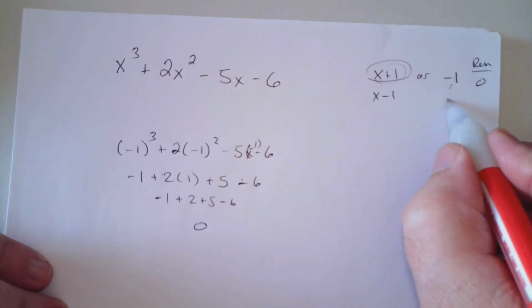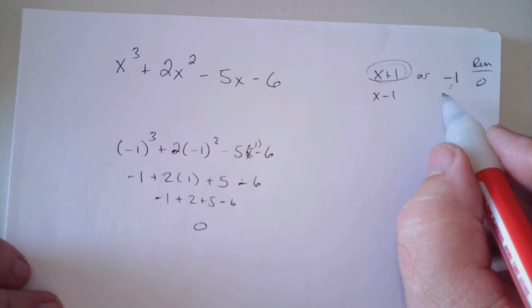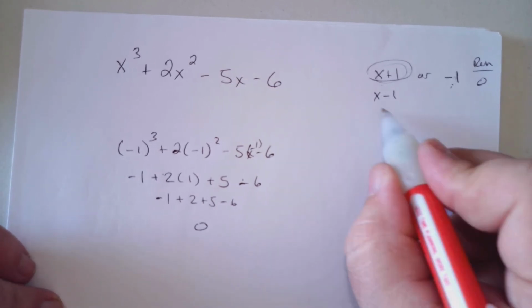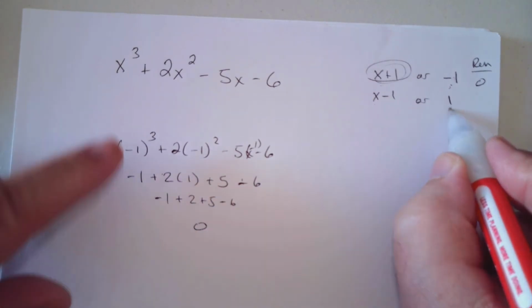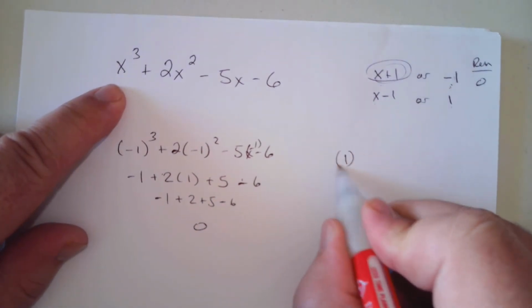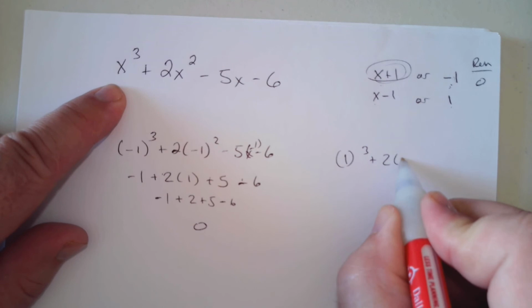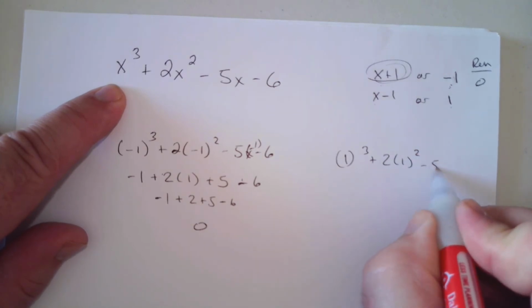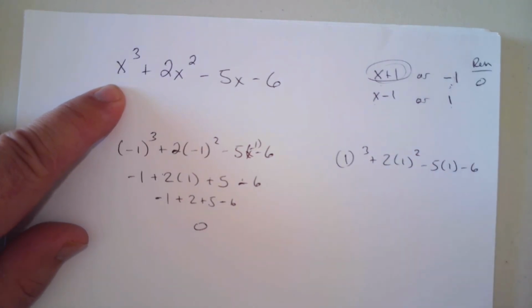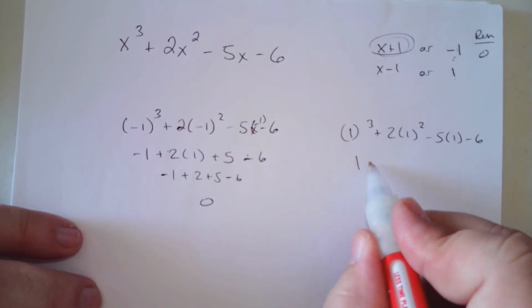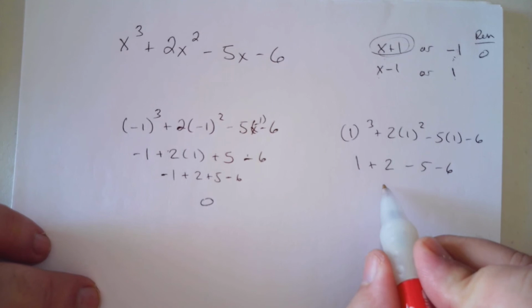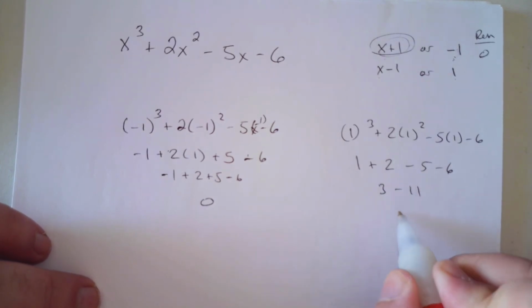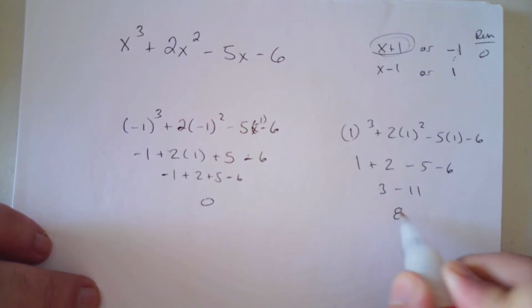x minus 1, not so lucky. So I solve x minus 1, I get 1. I plug 1 inside the equation. So we get 1 plus 2 minus 5 minus 6. 3 minus 11 is negative 8.